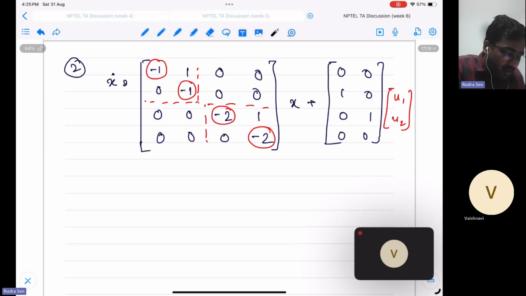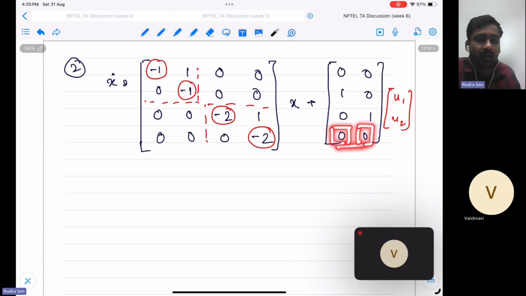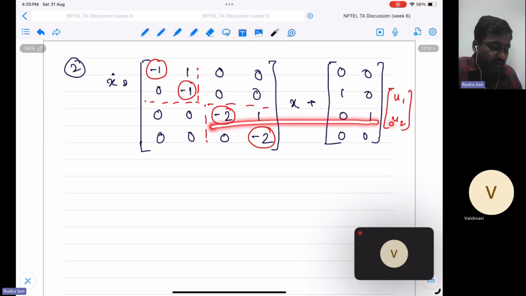Now, we can see there is a control input corresponding to the first row, but there is no control input corresponding to the second row because all the column elements are 0. That means we cannot control the last state, x4, because there is no control input. Though a control input exists over here, it can control x3, not x4.